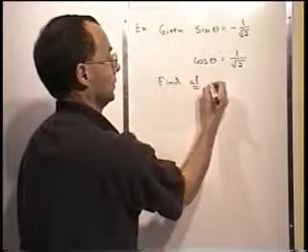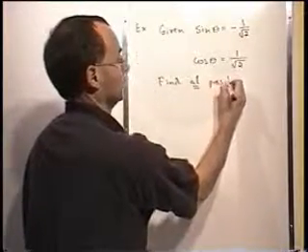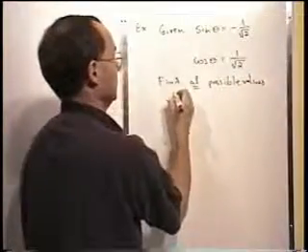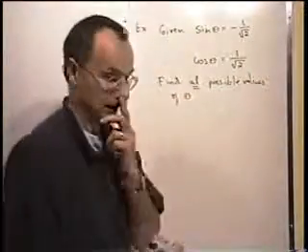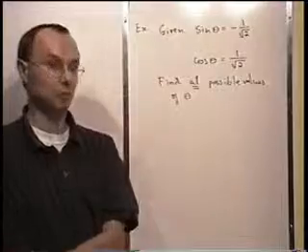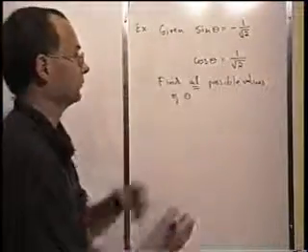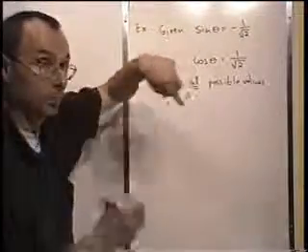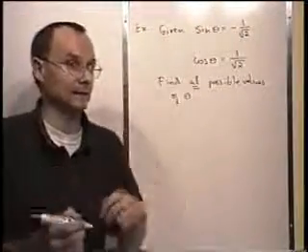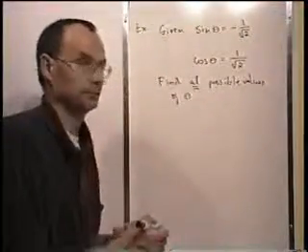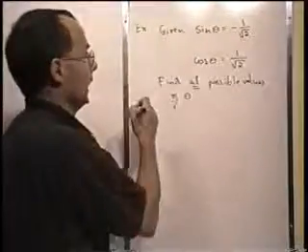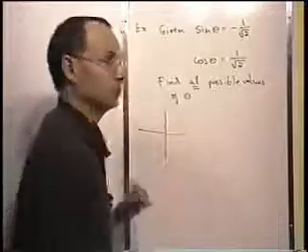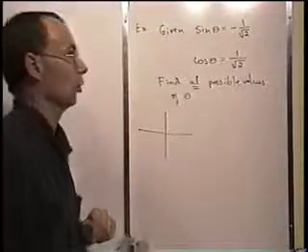All possible values of theta. So we're kind of doing detective work here. We're going to try and figure out from this clue and this clue what all possible values of theta are. Whatever it is. So let me just start by ruling out some of the quadrants that just don't work.